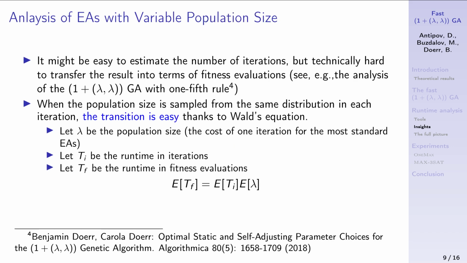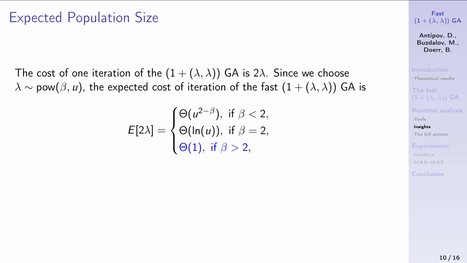However, we still have a problem to estimate the expected cost of one iteration, and we do it using the fact that the cost of one iteration of the 1 plus lambda comma lambda GA is 2 lambda, because it makes lambda fitness evaluations in the mutation phase and lambda more in the crossover phase.